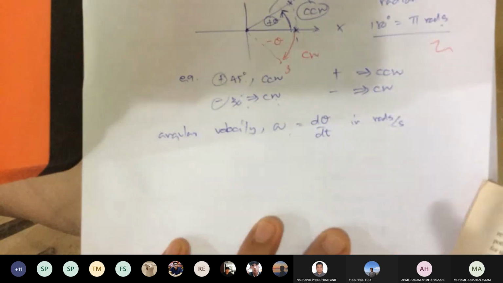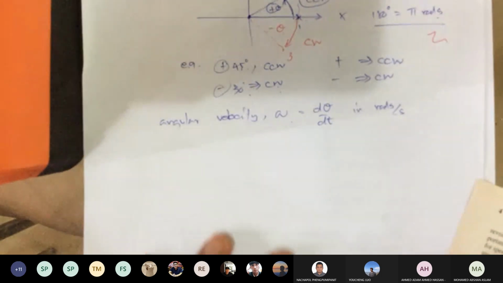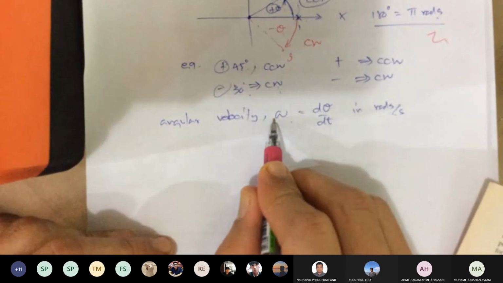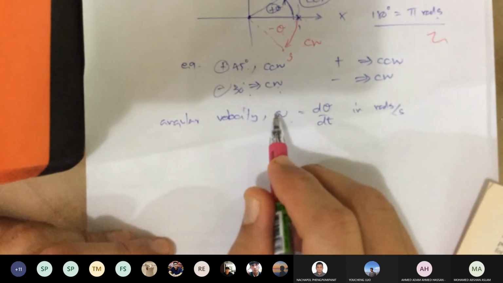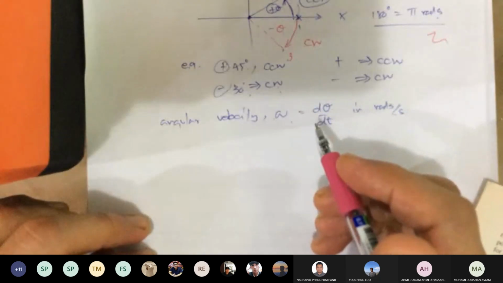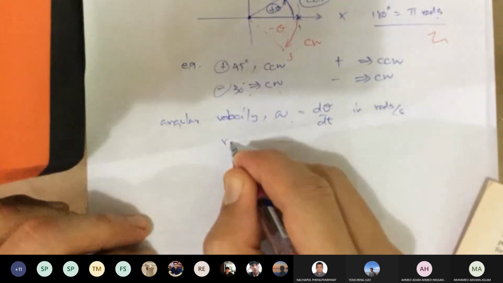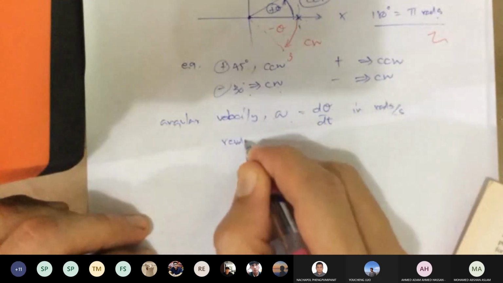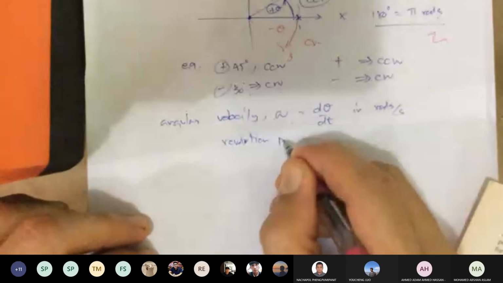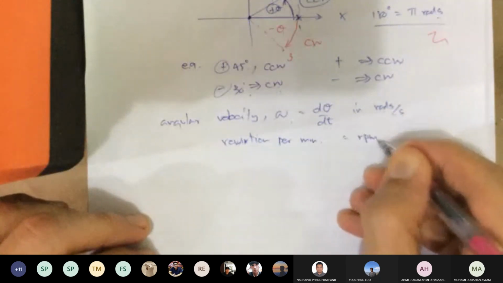So the most common for regular people, the angular velocity that we are used to, and you see this in a dial, the console of a car, the dashboard of a car, is revolutions per minute, RPM.